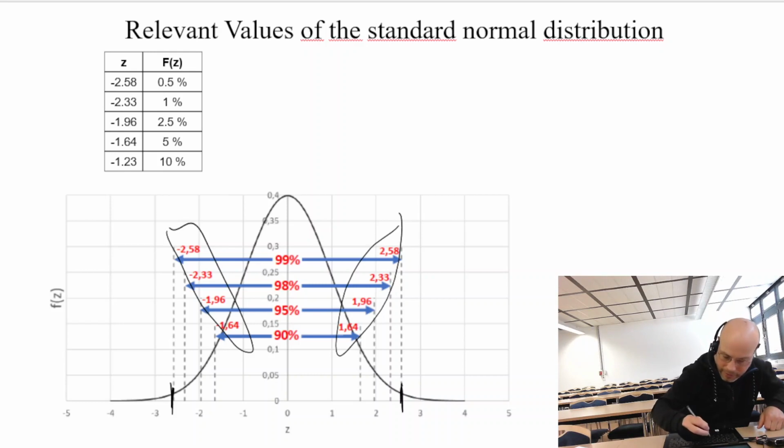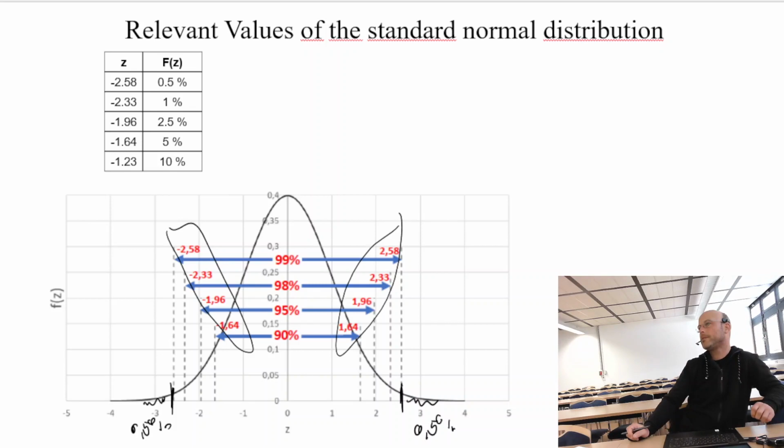So minus 2.58 means that this is 0.5% and this is 0.5%. So which number do I have to take when I want a one-sided test with 10% alpha?